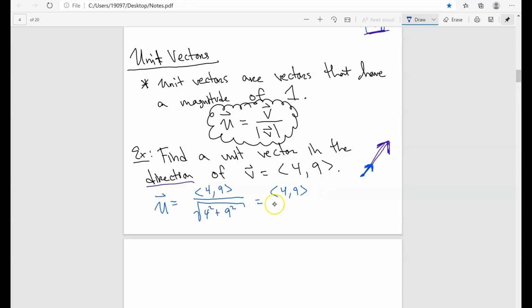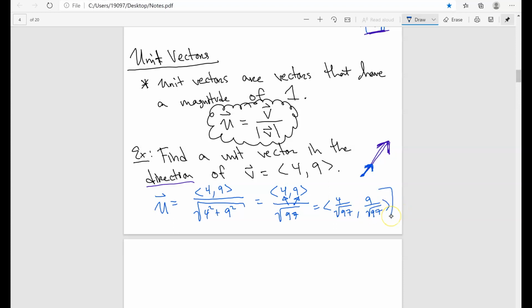That gives me the square root of 97. Now we divide each of the components by the square root: 4 divided by the square root of 97, and then 9 divided by the square root of 97.